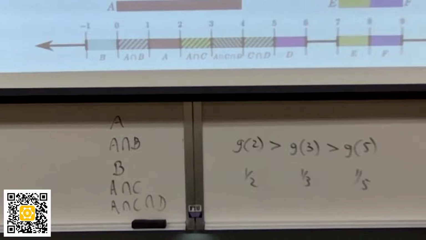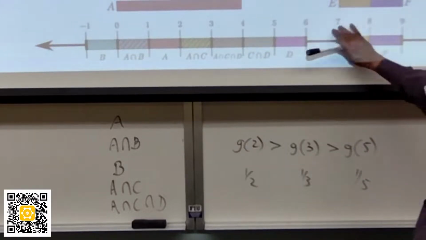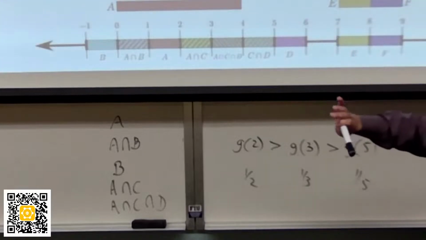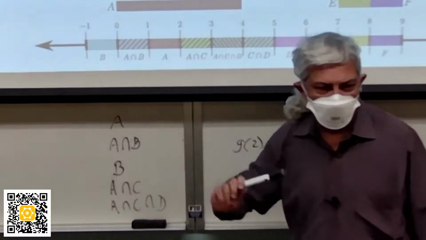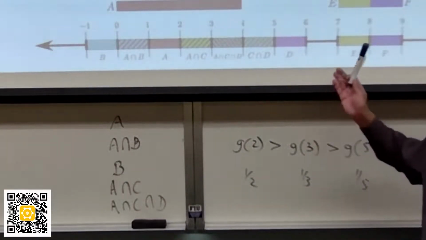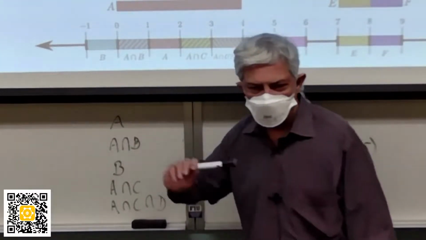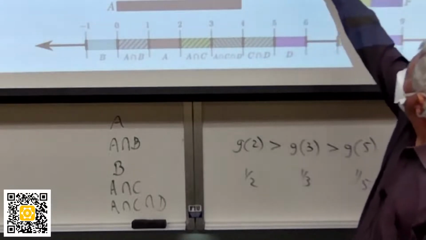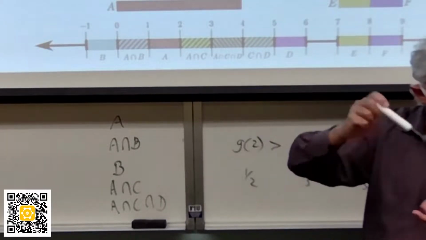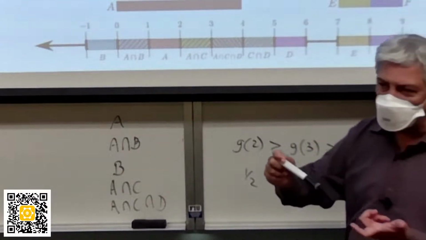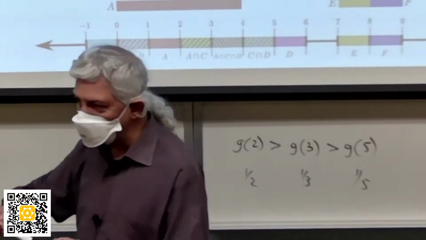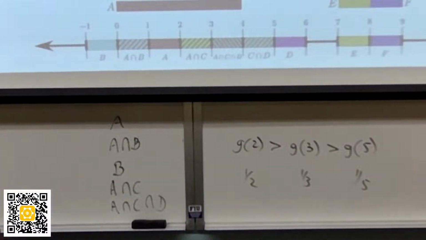How does that help you? Well, remember, we are not going to think about this case. We're only going to think about this case here because here weird things are happening. Let's focus on this easy part first. So what we're saying is, as long as it differs only by one set, meaning either you add a set or you remove a set, which means either a new interval starts or it ends.